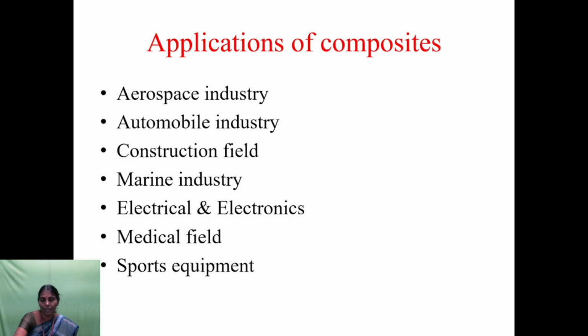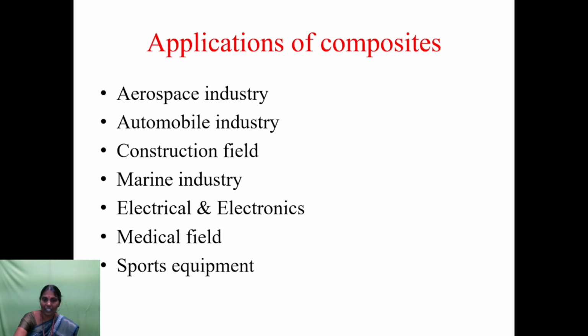In the construction field, we can use composite materials to construct bridges and buildings. In the marine industry, corrosion-free composite materials are used for boat hulls and ship components.